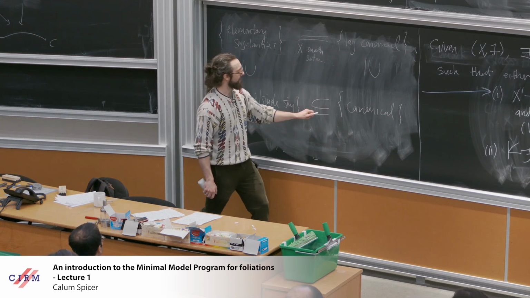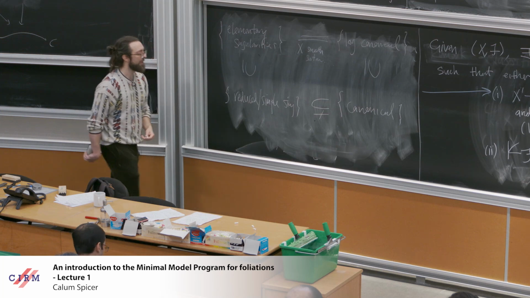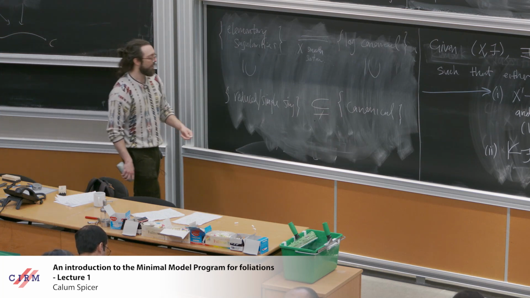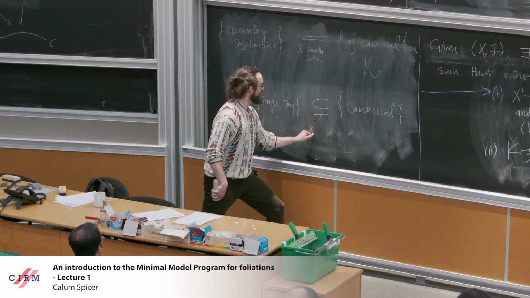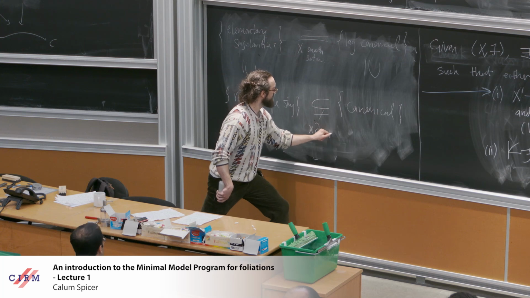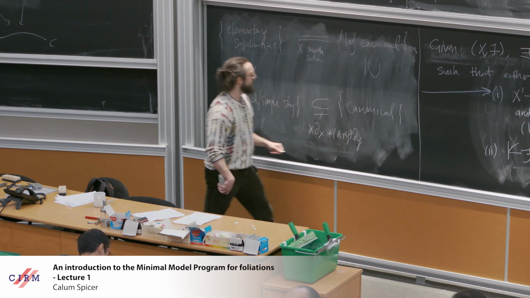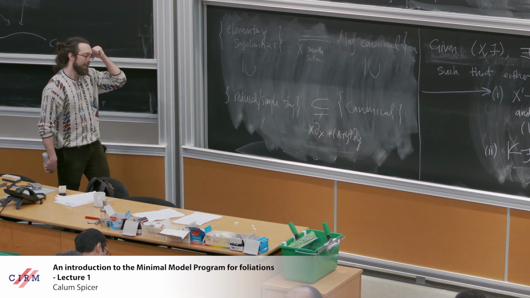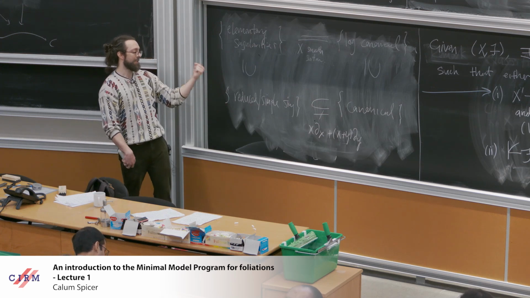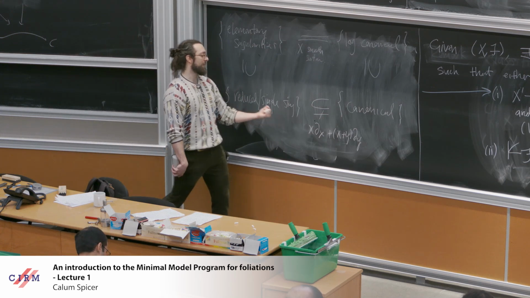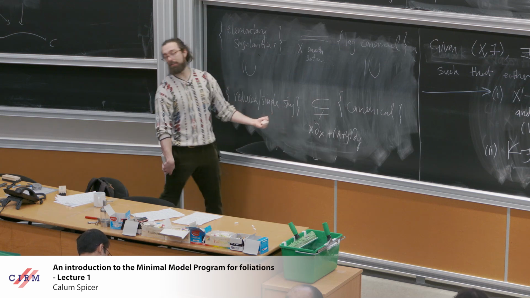Depending on your definition of reduced, it's a strict inclusion. The example is the vector field x ∂/∂x + y ∂/∂y. In Seidenberg's definition, this is not a reduced singularity, but it is canonical.